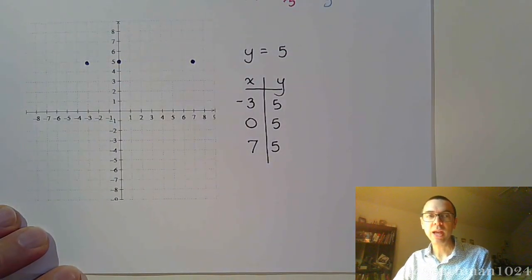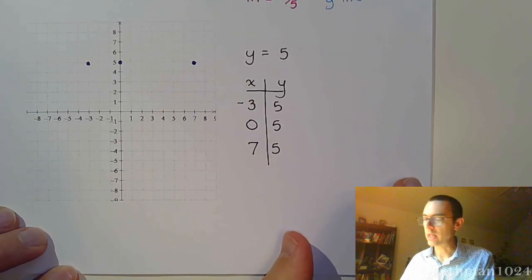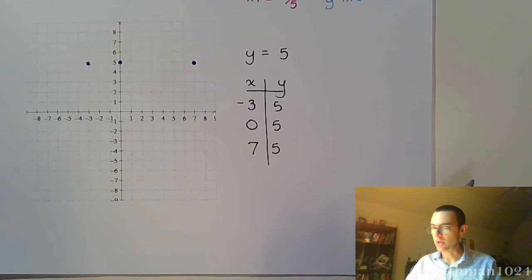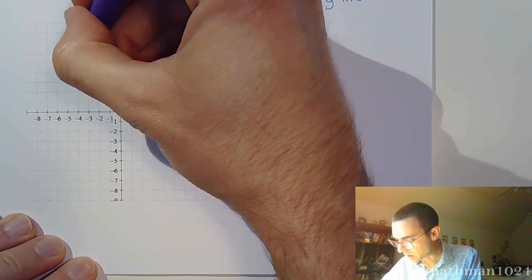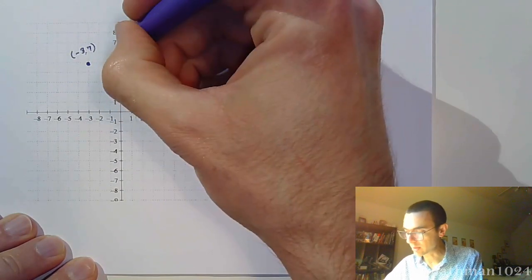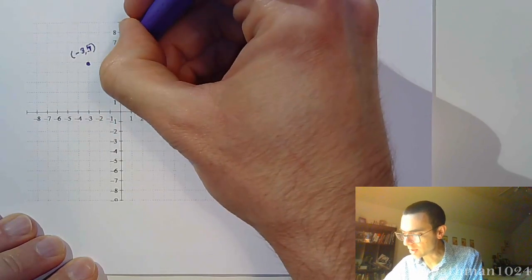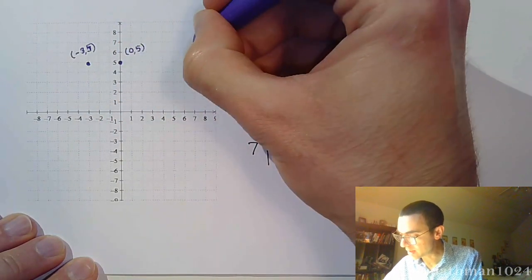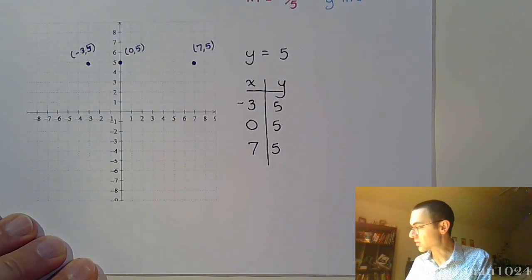And what we see here is that we have a line. Of course, it's supposed to be a line, but more importantly, it's a horizontal line. If I were to look at what's going on here, this ordered pair has the coordinates -3, 5, excuse me. This is 0, 5. This is 7, 5. So what's staying the same in all of these?